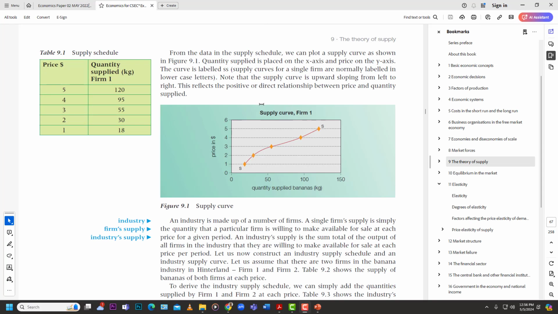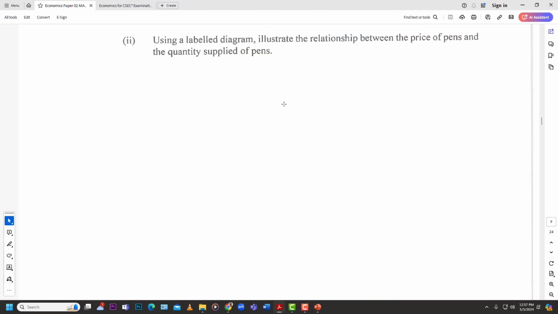So as you can see, the supply curve is upward sloping, and make sure you put the quantity supplied on the x-axis and the price on the y-axis, so that you can show the pen. So the pen's going to be at the bottom, and then the price is going to be on the left, so you can draw your diagram properly. Okay, good. So we have that out the way.